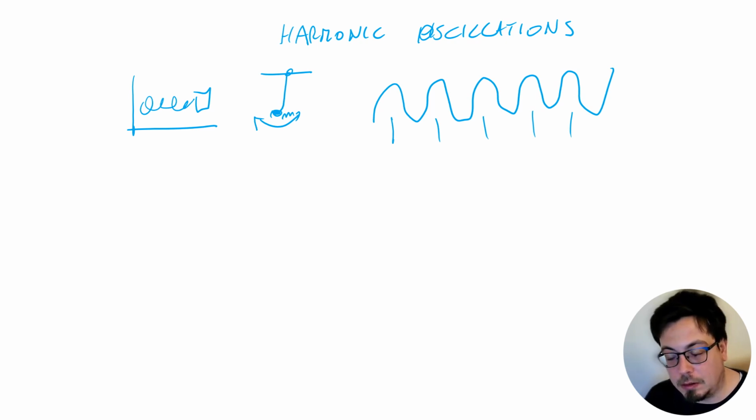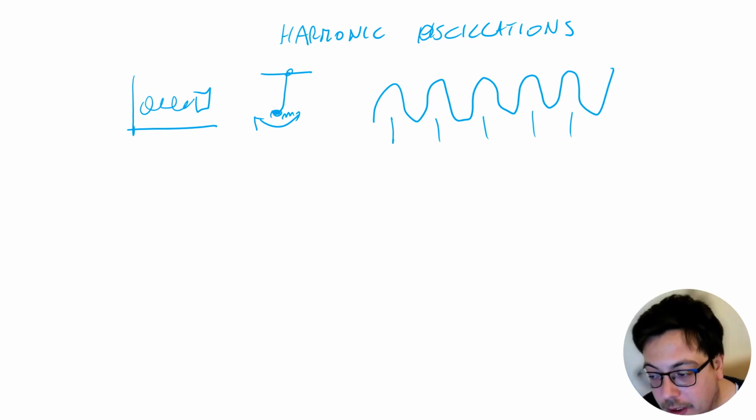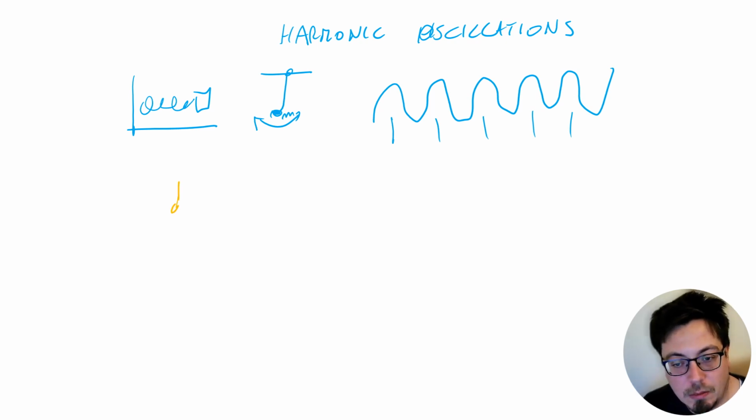So, harmonic oscillation. If you remember, we discussed the Hamiltonian approach a little bit, not in detail of course, and we wrote the Schrödinger equation this way.